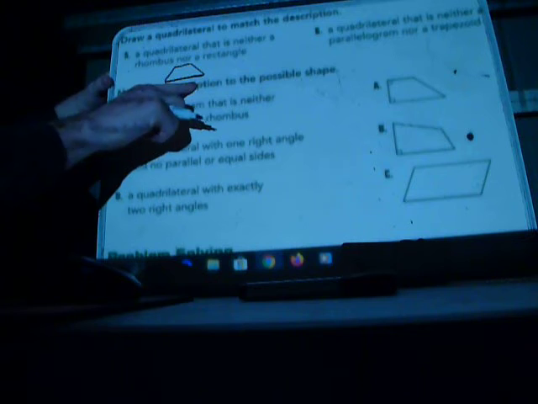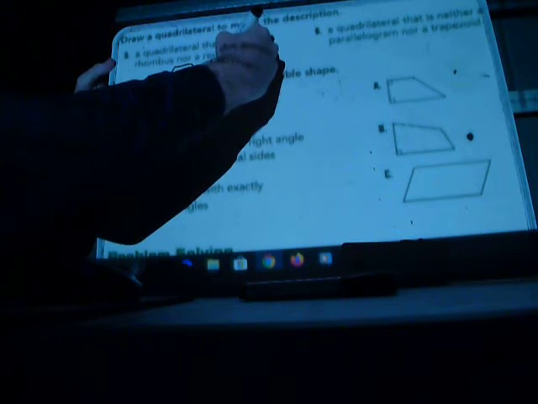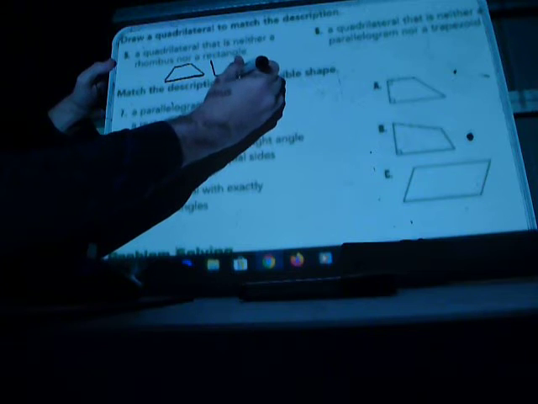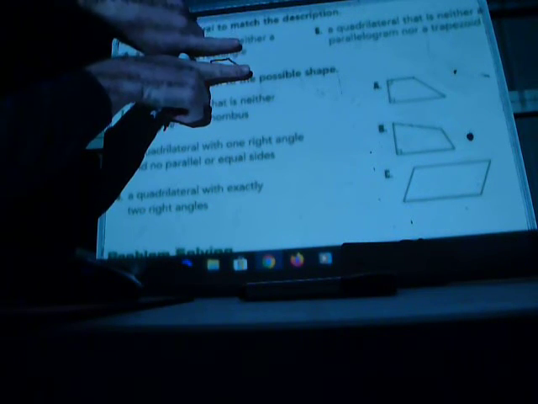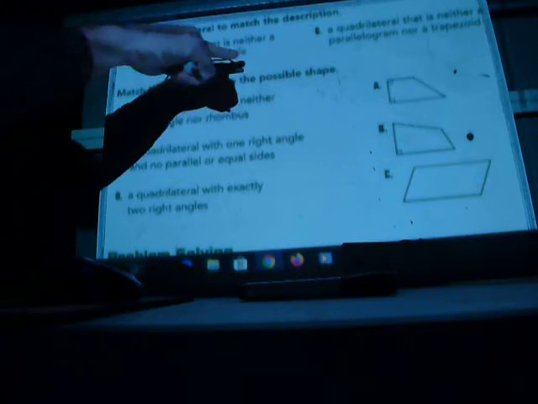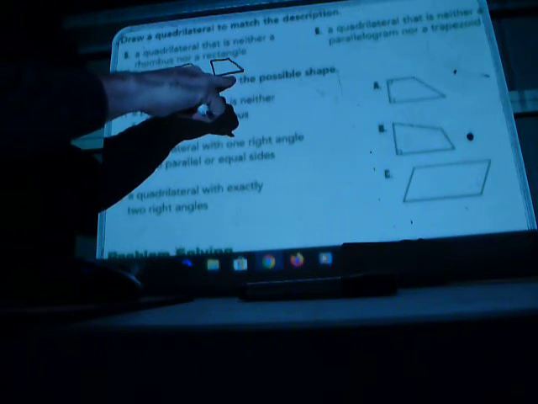You can do a trapezoid, like the trapezoid table we have in the classroom. Also a trapezoid can have, see, that's parallel, that's parallel. Not parallel, not parallel. So these two sides are parallel, the other two sides are not parallel. That's another example of a trapezoid.